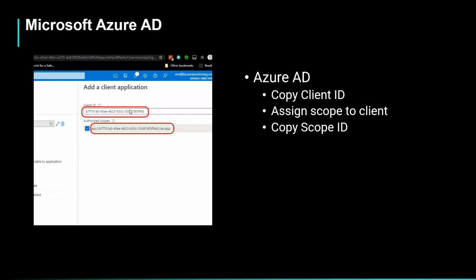You just copy it, and it will ask what scopes you want to apply. I just have this one scope that I created earlier, and I just go ahead and check that. But you want to copy the scope ID as well. So you've got those four pieces. You've got the tenant ID, which we saw at the very beginning, the client secret, and then these two values, the client ID and the scope ID.